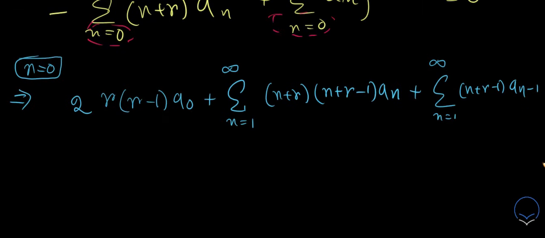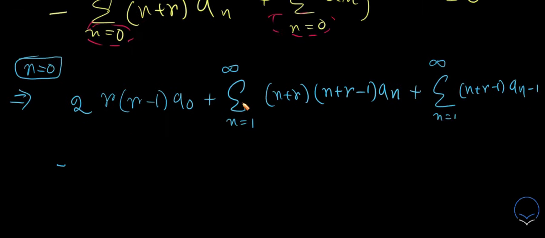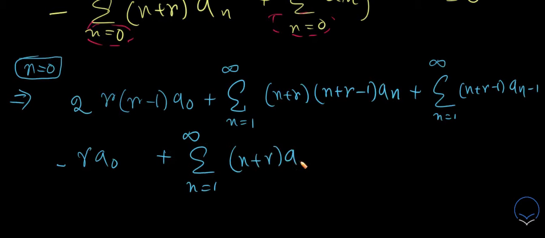In the third term, again we need to evaluate for n equals 0. If you put n equals 0, this will give you r a0, right? And finally we'll have from n equals 1 to infinity n plus r a of n, right?